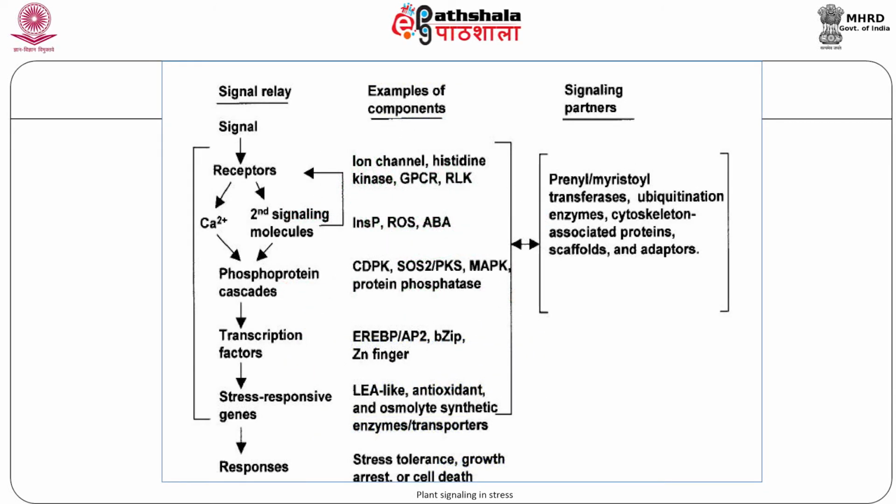Stress signal transduction. Plants are constantly exposed to many biotic and abiotic environmental stresses, which cause considerable losses of crop yield worldwide, whereas the demand for feeding an increasing population is always on the rise.